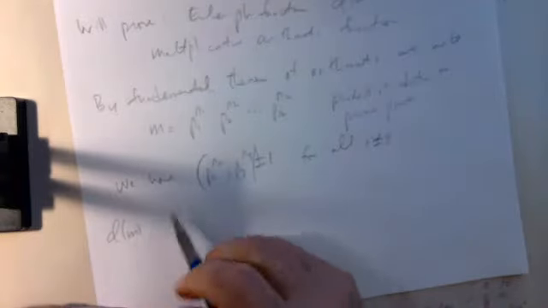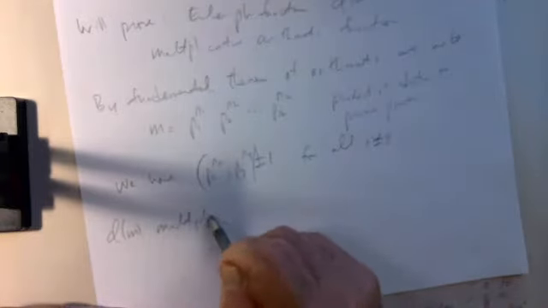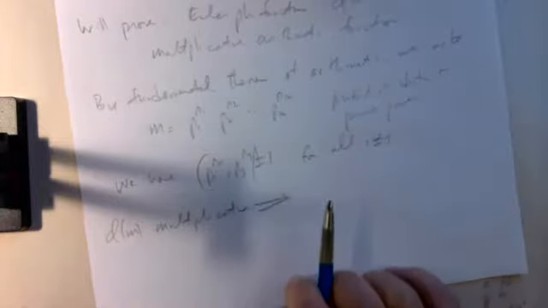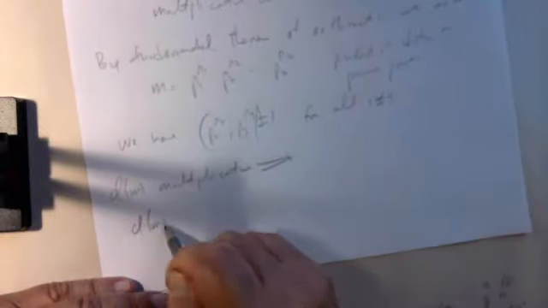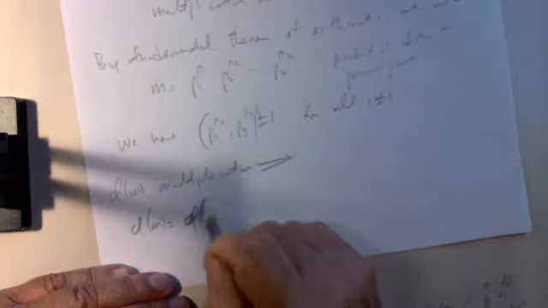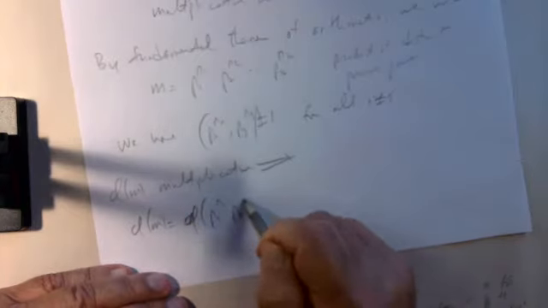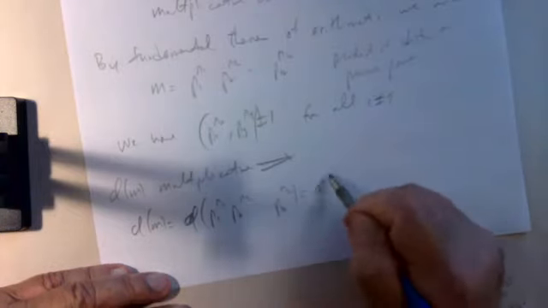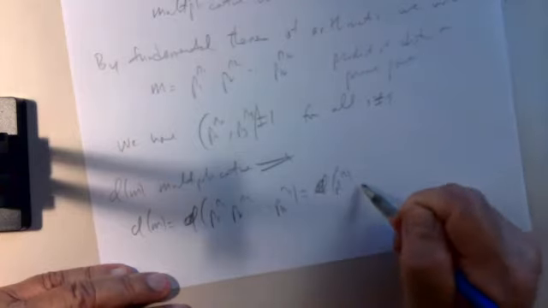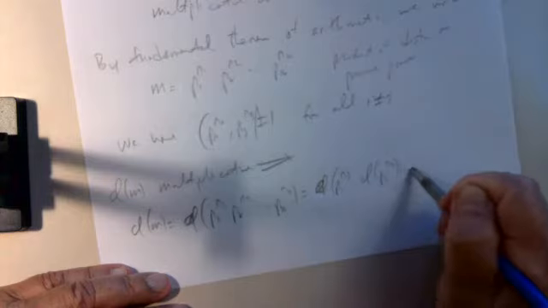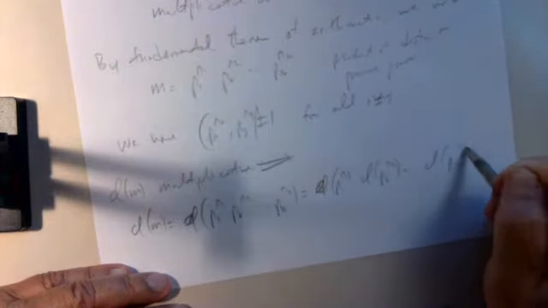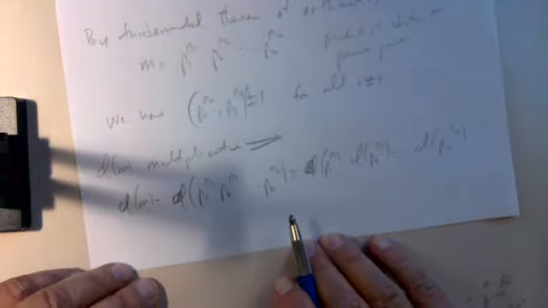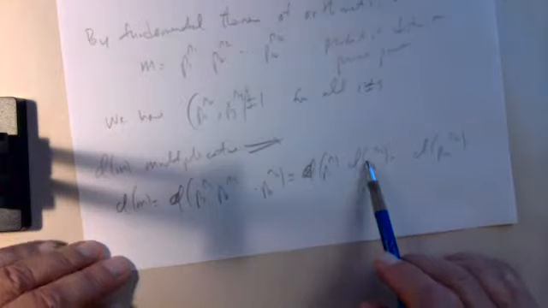So if phi of m is multiplicative, this implies that phi of m, which is phi of p1 to the r1, p2 to the r2, up to pk to the rk, is phi of p1 to the r1 times phi of p2 to the r2, up to phi of pk to the rk. But we already calculated the value of the phi function at a prime power.